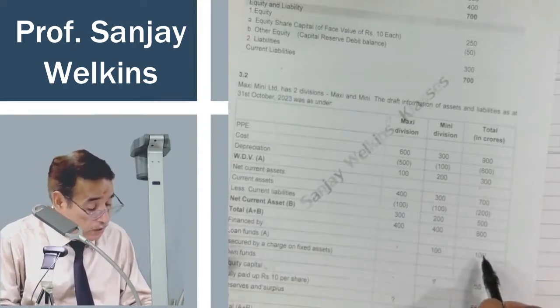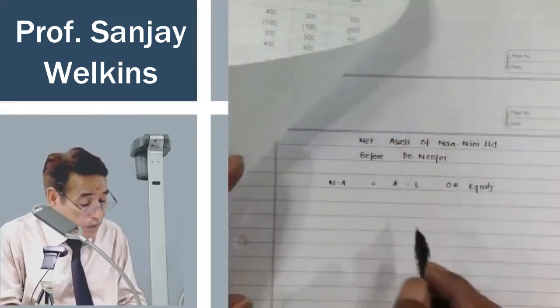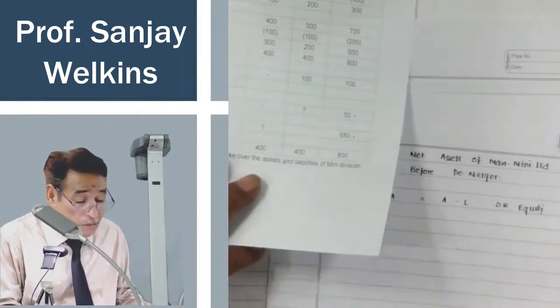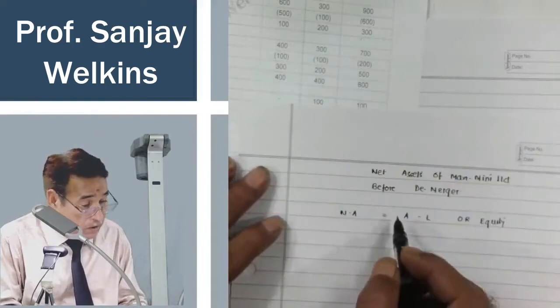Loan funds are there. Actually, I will take it this way, otherwise it will become a problem. I will compute for you. Otherwise, if I take it this way, you might not understand. See, actually, their assets are property, plant and equipment 300. And their current assets is equal to 700. So assets is equal to 1000.